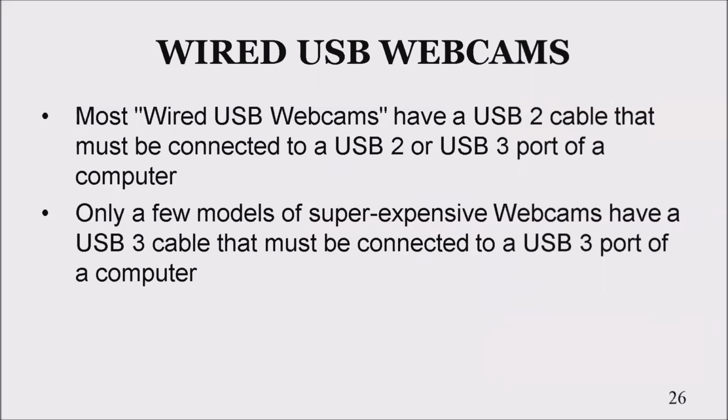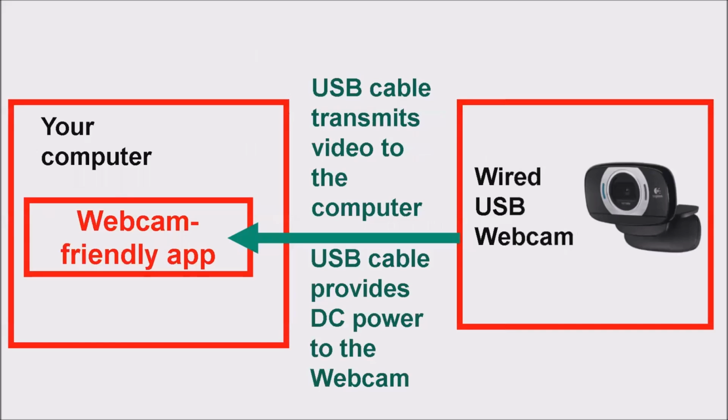Let's talk about wired USB webcams. They've been around for quite a while, a long time. I've installed several dozen of them for people. This is how it works. You have a webcam-friendly application or app on your computer, and your webcam is attached to it by means of a USB 2 or 3 cable, right?